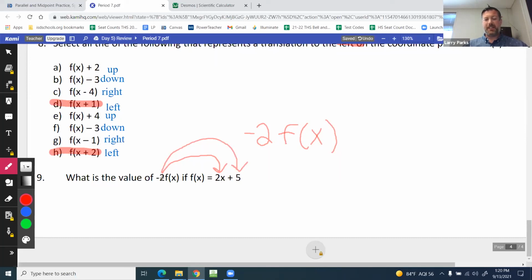So if you take -2 times 2x, you get -4x. And if you take -2 times 5, you get -10. And that's it. That's how you find -2 of f of x. You just multiply everything that's in the f function by -2.